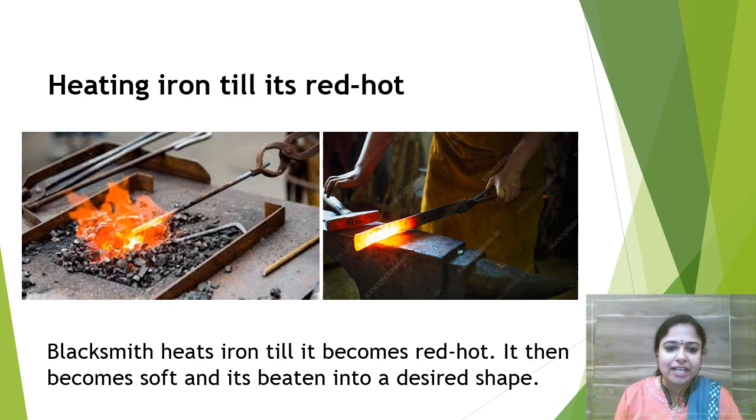So, as you can see here, the iron is being heated till it becomes red hot. That is, there is a change in color. So, is this change a reversible change? Yes, because on cooling, the iron will get back its original color.